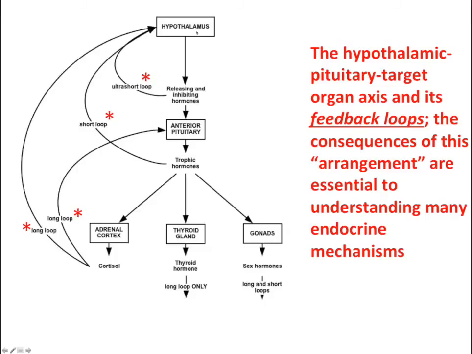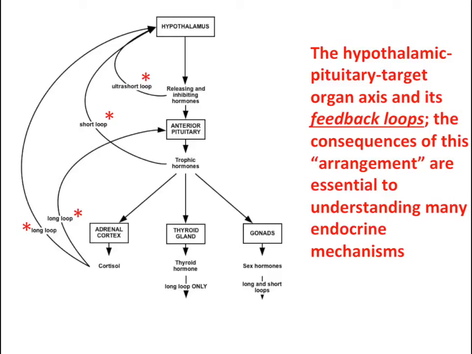So taking the example of cortisol, CRH is released, and in the ultra short loop it feeds back to the hypothalamus and inhibits its own release. Then from the anterior pituitary, CRH will stimulate ACTH, sorry, and that through the short loop feedback inhibits the release of CRH from the hypothalamus.